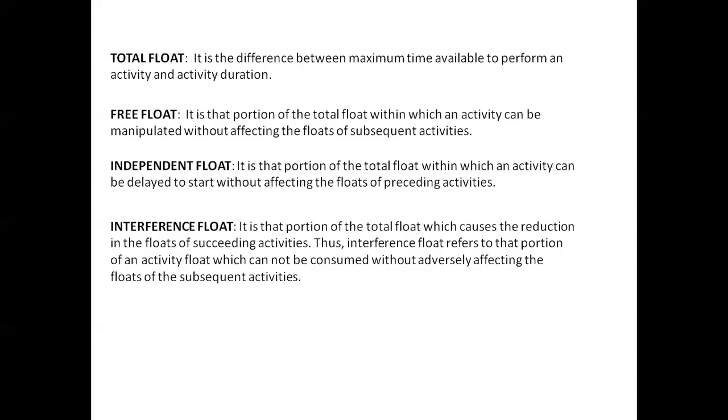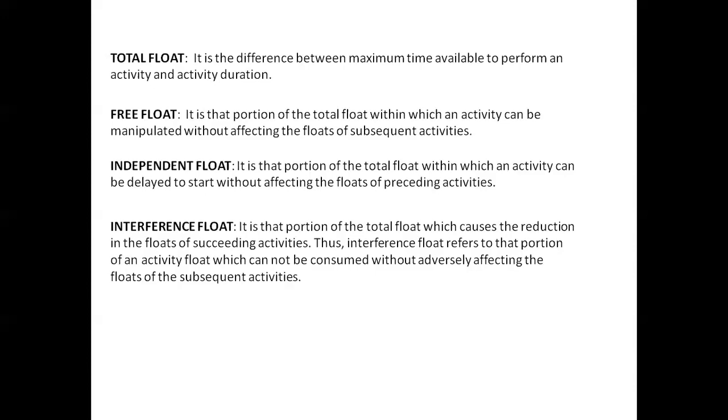So these four can be calculated with the help of the earliest start, latest start, earliest finish and latest finish. The total float, we know, can be calculated by taking the difference between earliest start and latest start, or earliest finish and latest finish.